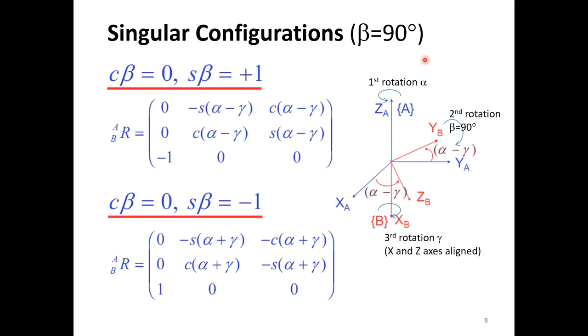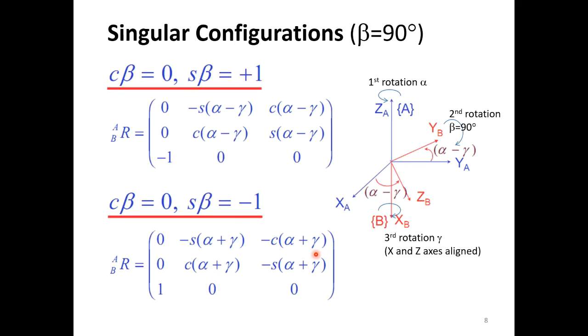Now, if this angle is minus 90 degrees, right, the situation is different. Then you get your rotation matrix like this. Now you have alpha plus gamma, alpha plus gamma. You can calculate alpha plus gamma, but you can't say what is alpha and what is gamma separately, right?